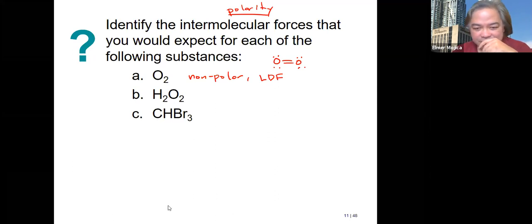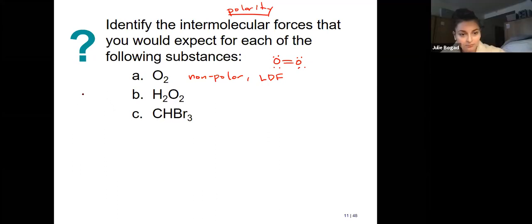Now, how about the second one? Hydrogen peroxide. Is it polar or non-polar? That's how it is, right?